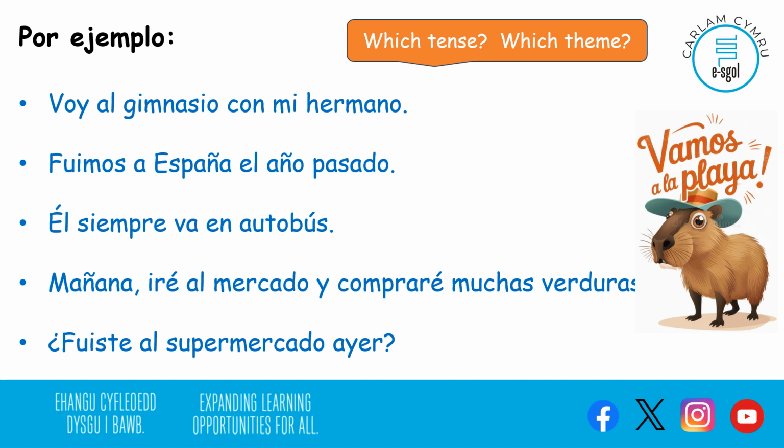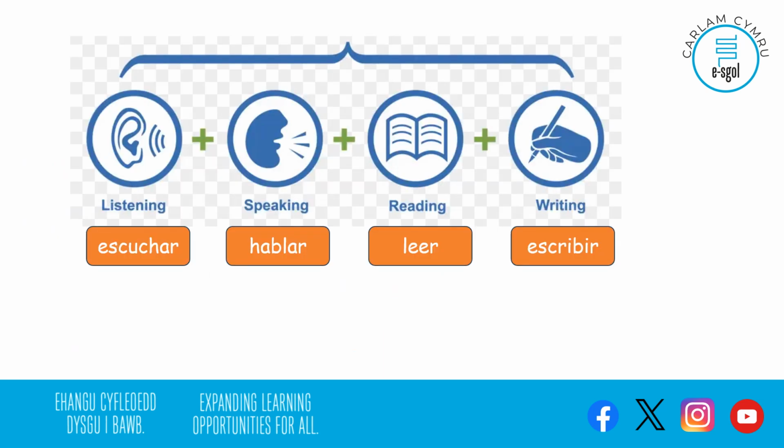So as you can see, we can use the verb ir in a variety of tenses and across a variety of themes. Ir will also be useful for the listening, speaking, reading and writing exams. Escuchar, hablar, leer, escribir.